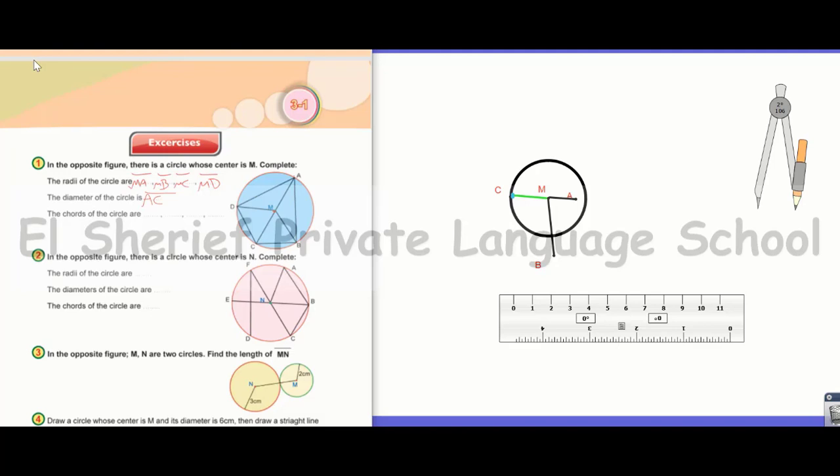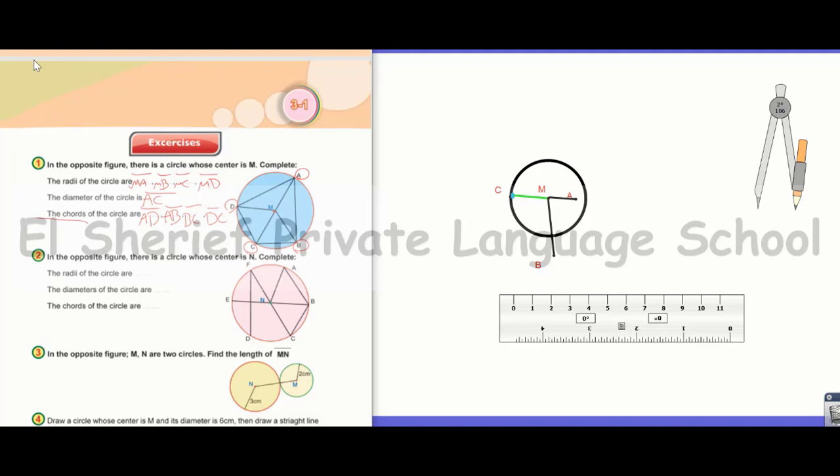The chords of the circle. The chord means joining any 2 points on the circle. We have point A on the circle and B and C and D. So line segment AD, line segment AB, and line segment BC, and line segment DC. All these points are on the circle, and if we join between them, that means this is a chord.